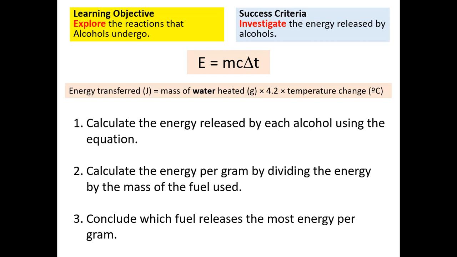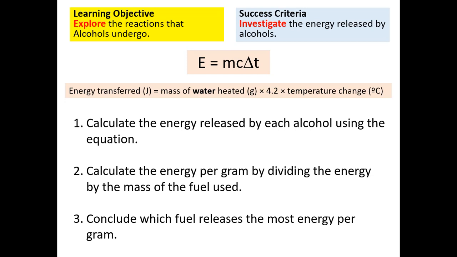So energy per gram is the best way to make a comparison. Then lastly, you want to write a sentence concluding which fuel releases the most energy per gram, so therefore which is the best fuel out of those 3 alcohols.